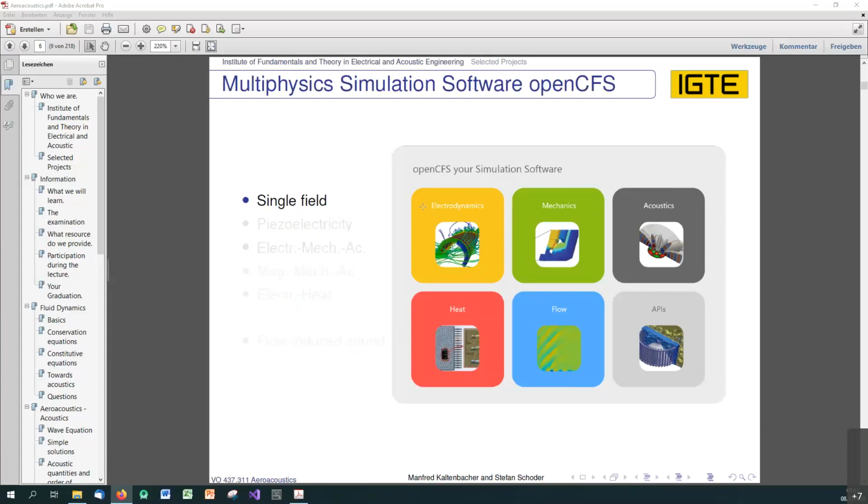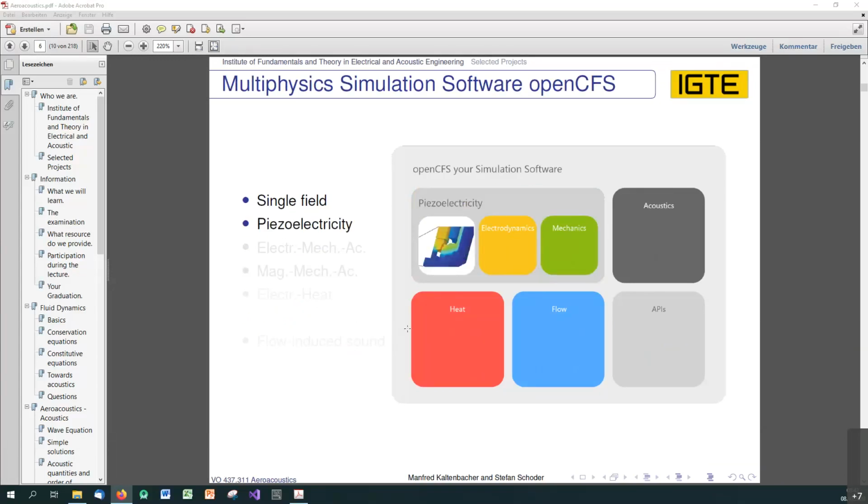So as I said before, we can compute single fields itself, so just concentrating on electrodynamics or mechanics or acoustics, heat or flow.